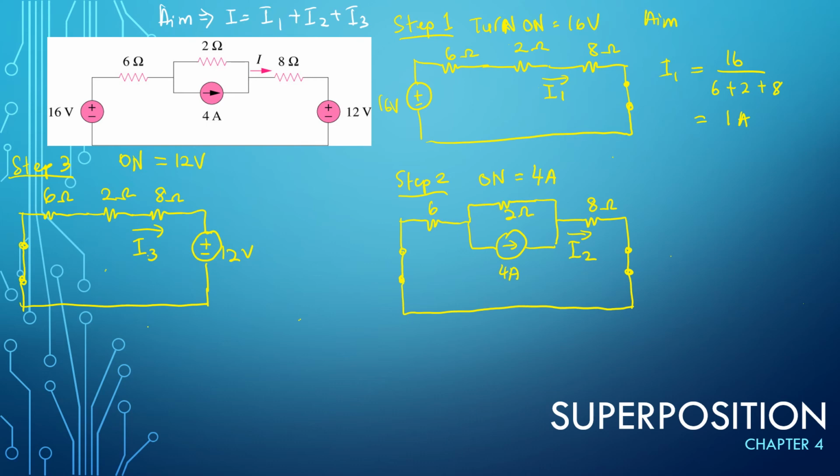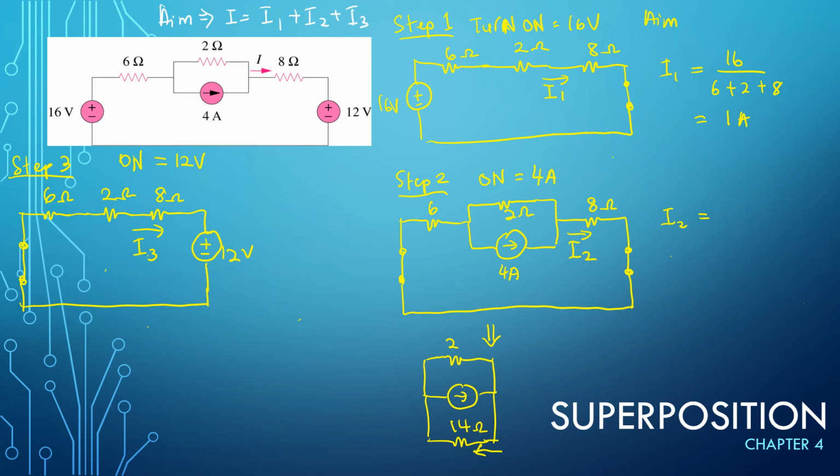Then for step number 2, I2 is equal to, you can actually reduce this circuit, because these are all resistors, and this is 6 plus 8, so 14 ohms. You can use what we call the current divider.